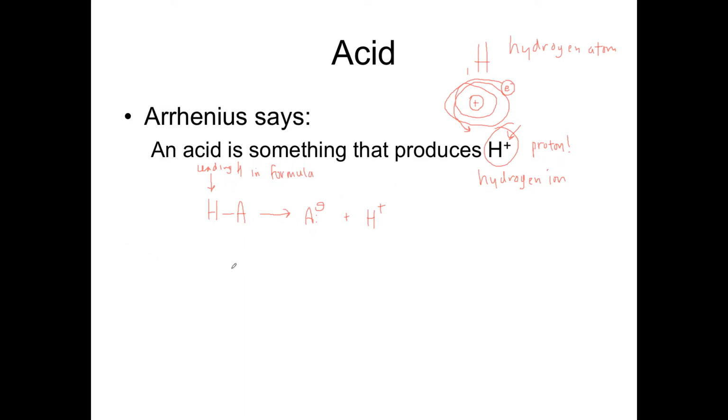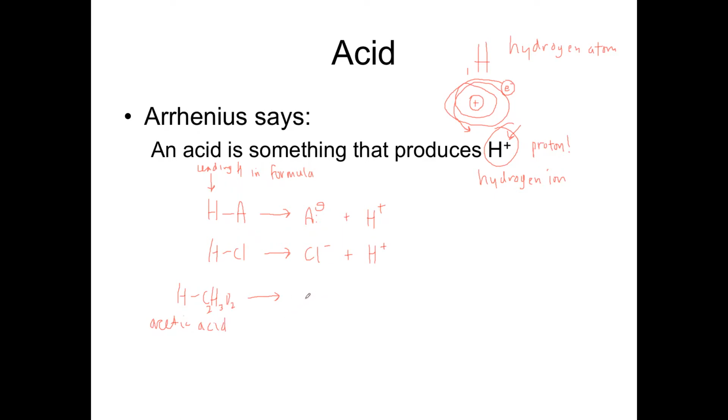An example of that was HCl, which we named hydrochloric acid. This produces chloride ions plus hydrogen ions. Another example was acetic acid, C2H3O2. It's kind of a messy formula there, sorry about that. Can you read my writing?